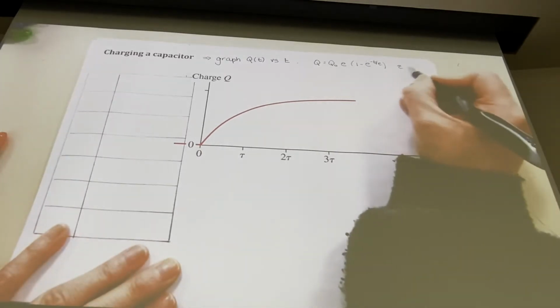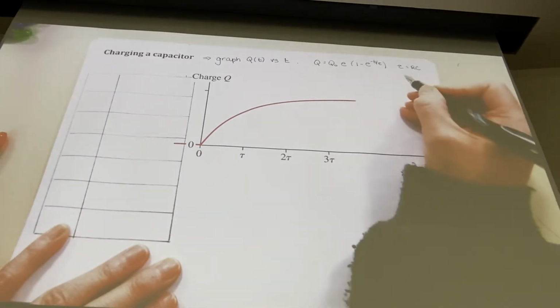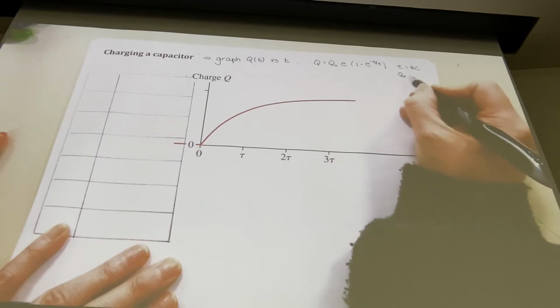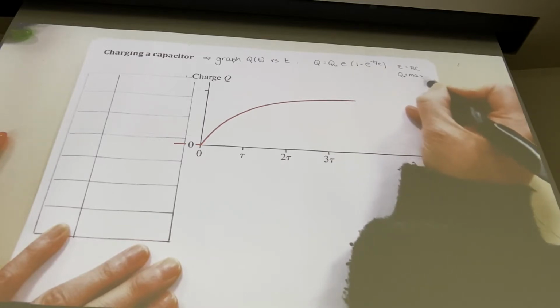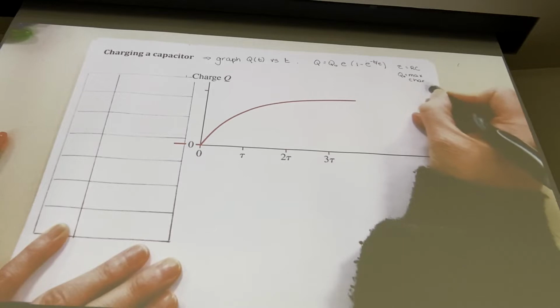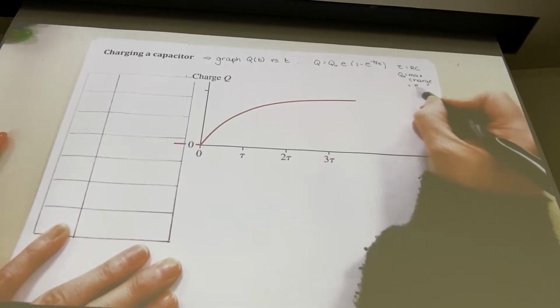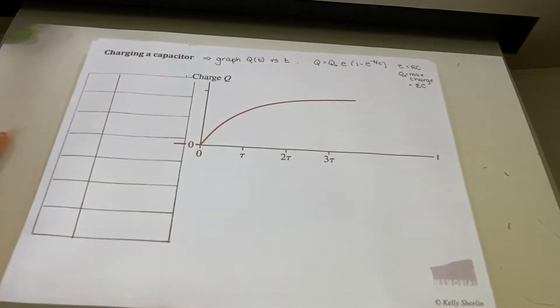And then tau is equal to R times C, our time constant. Q0 is our maximum charge, that's equal to the EMF times the capacitance. And we already said that our behavior as a function of time is it starts with no charge and it ends up fully charged. So that's what we're going to expect to see in the graph.